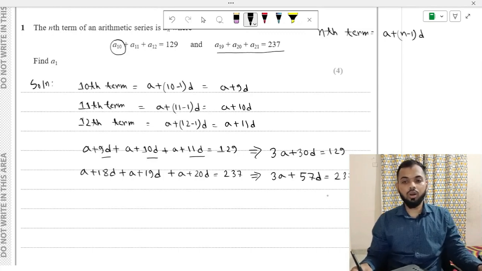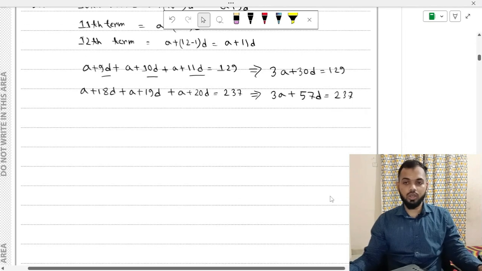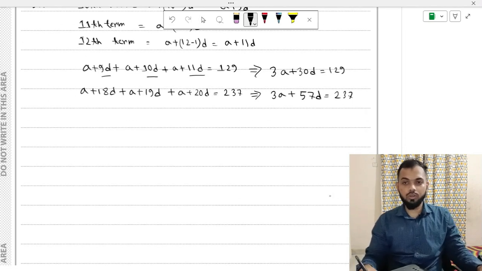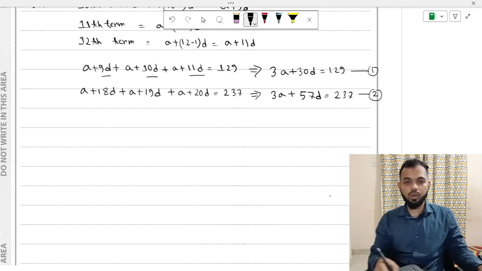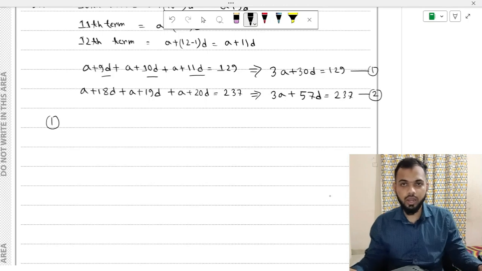Now we got two equations here. If we solve these two equations, we will get the value of a and the value of d, by using the simultaneous equation solving procedure.